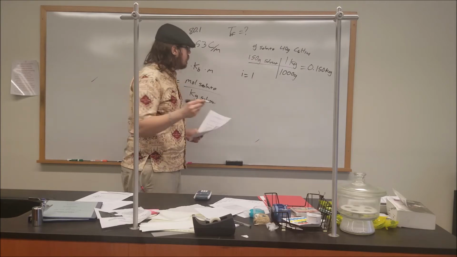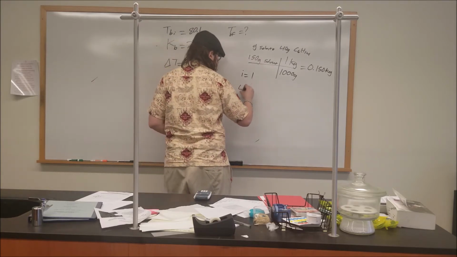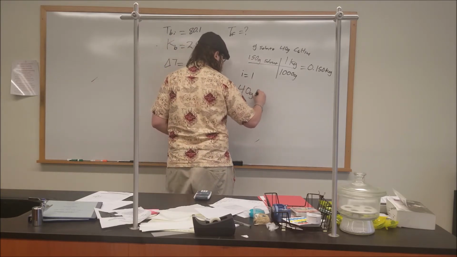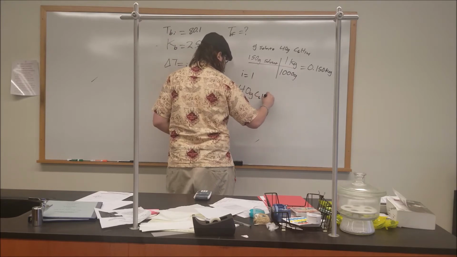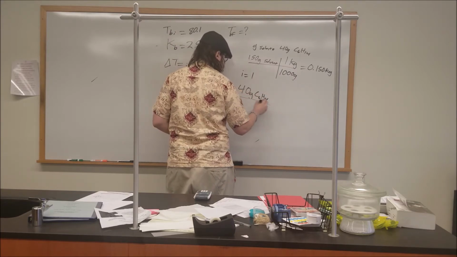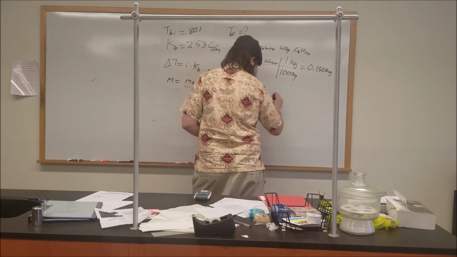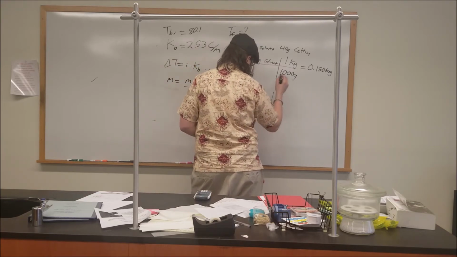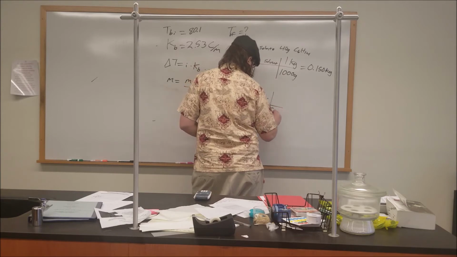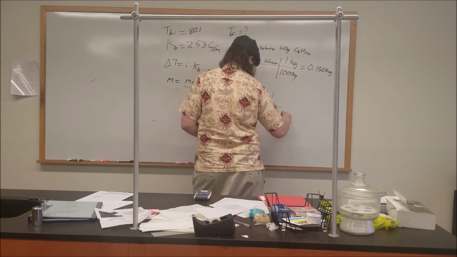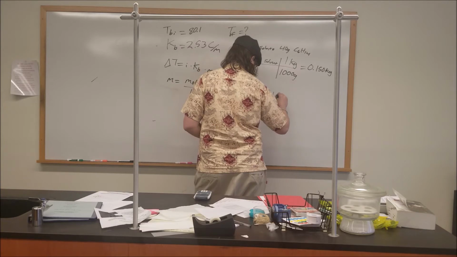Now to turn grams of solute into moles, we take 40 grams C6H14, which has a molar mass of 86 grams per 1 mole.